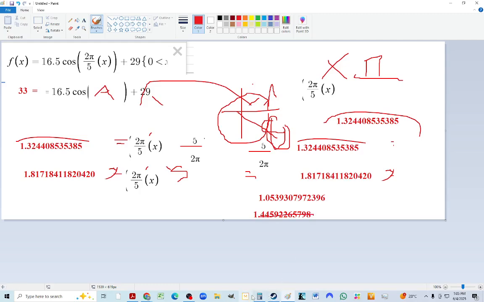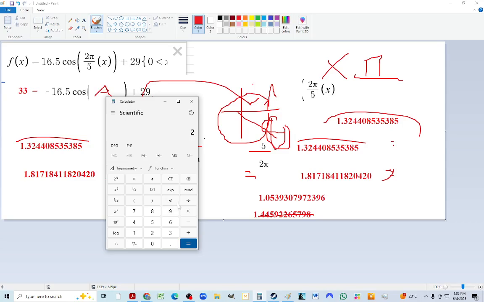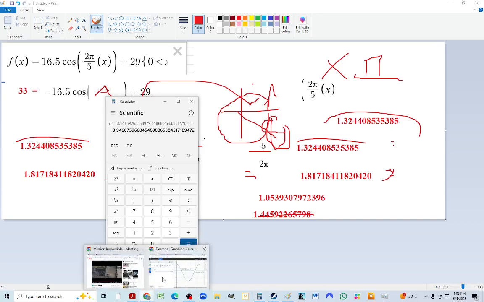I have to take 2 pi and subtract the 1.31. And that's that angle, so I have to multiply that by 5 and divide it by 2 pi. It equals 3.94. That's where that one is.